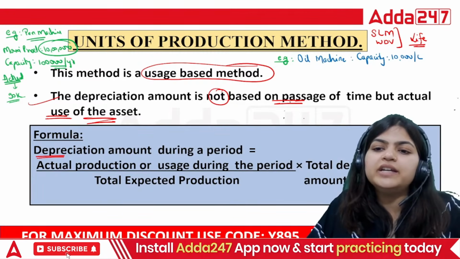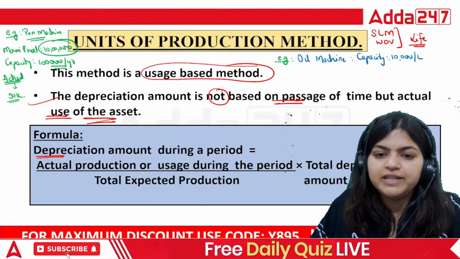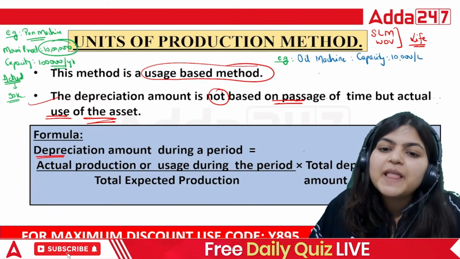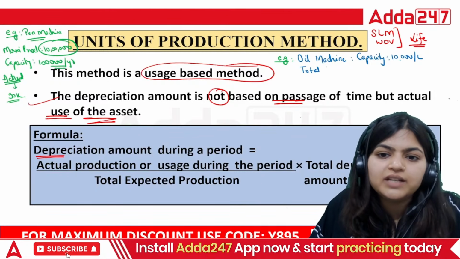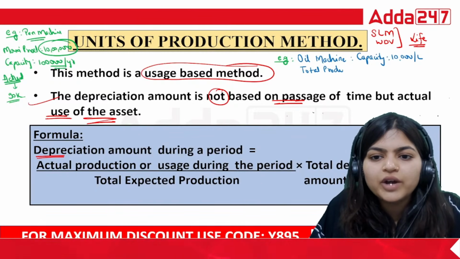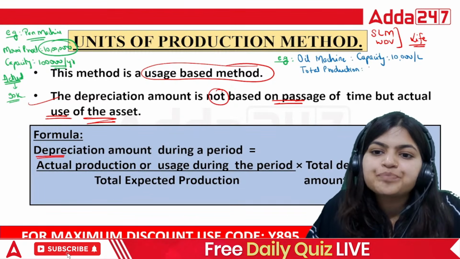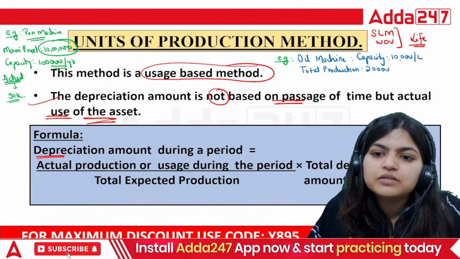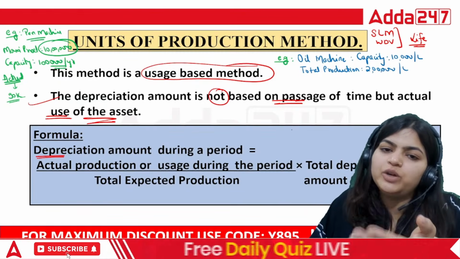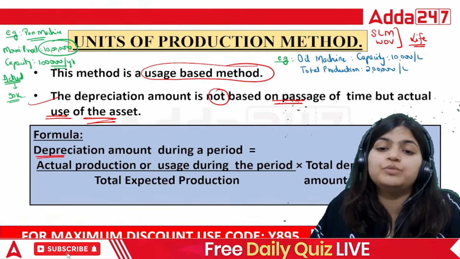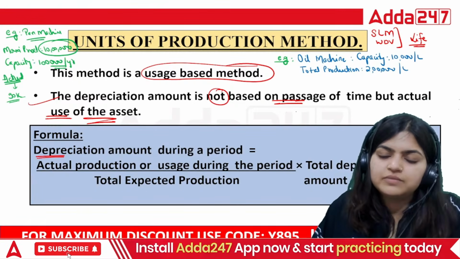Per year I can process from that machine only 10,000 liters. I know this much. And I am expecting the total production of oil with that machine to be, let's say, 2 lakh liters, because after that the machine is going to be old, and I'm going to purchase a new machine. This is what I'm planning.